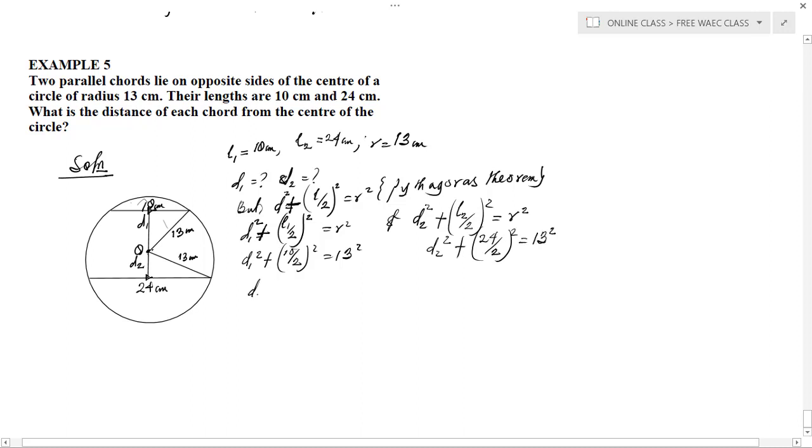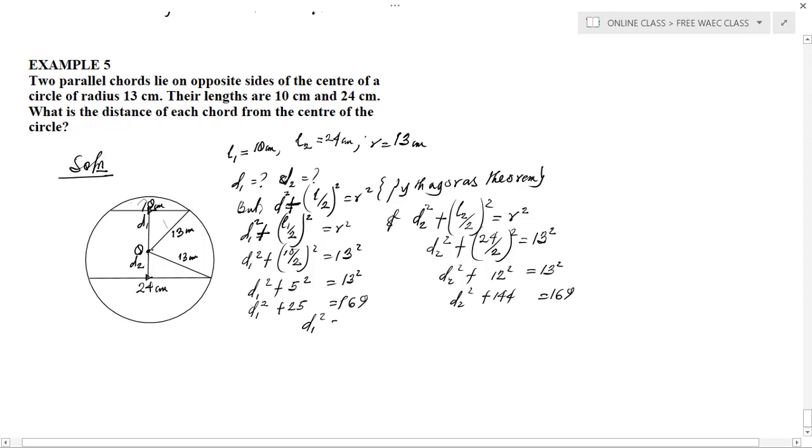So we have D1 squared plus 5 squared equals 13 squared, D2 squared plus 12 squared equals 13 squared. We have D1 squared plus 25 equals 169, D2 squared plus 144 equals 169.